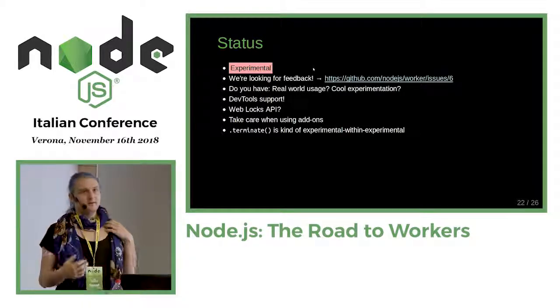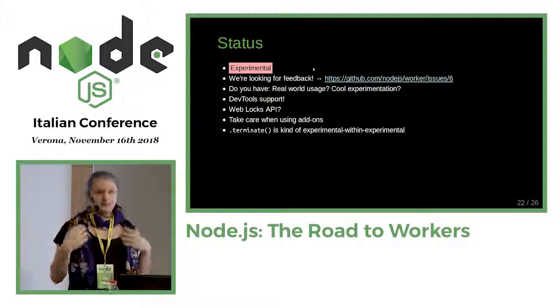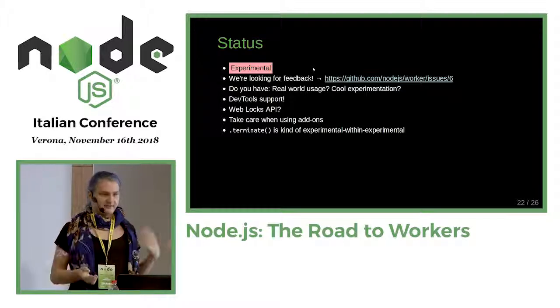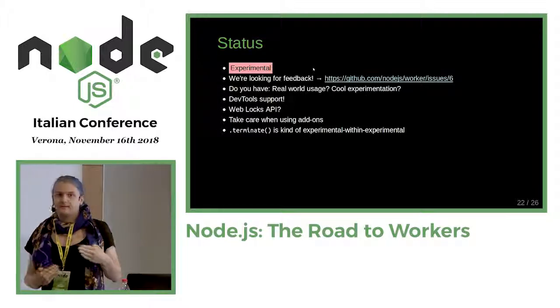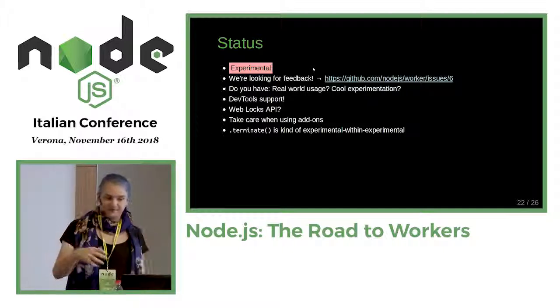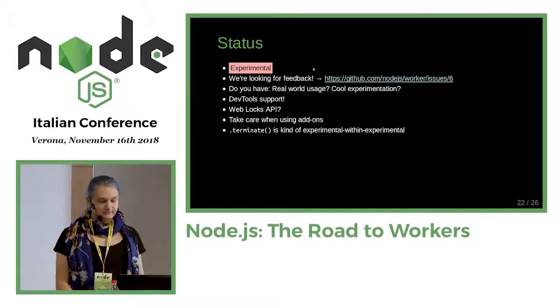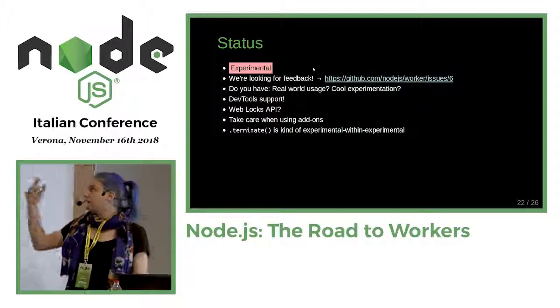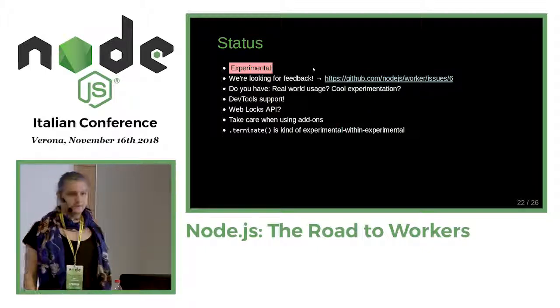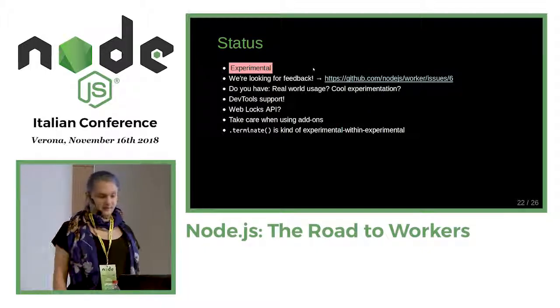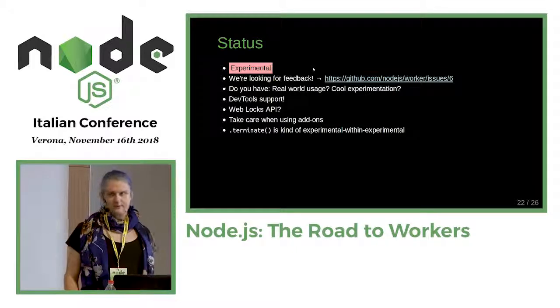At the same time, because it's experimental, we don't want people using it in production yet. This is the reason why it's still behind the flag. That makes it hard to get feedback. So if you have anything, there's a link to an issue where we're looking for people's experiences and thoughts on the feature. If you have any, please go there.